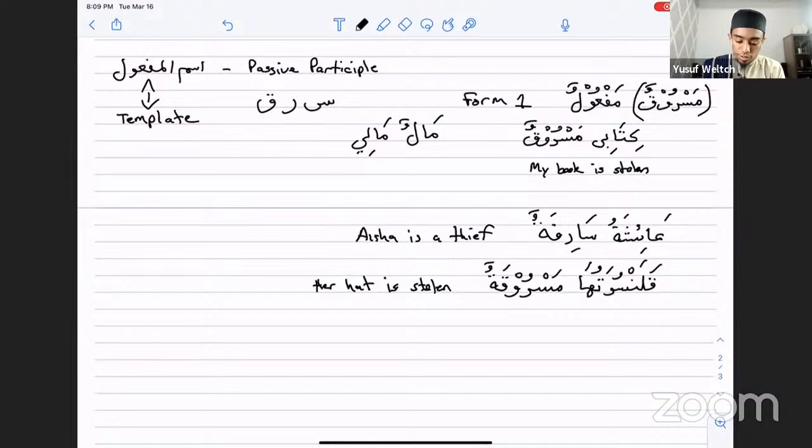Contextually, you can change the verb to make it make sense, because technically in Arabic there's no verb, and it would be really weird to say 'her hat stolen' in English. So here, the first one is an example of which type of derivative noun, specifically the second word?